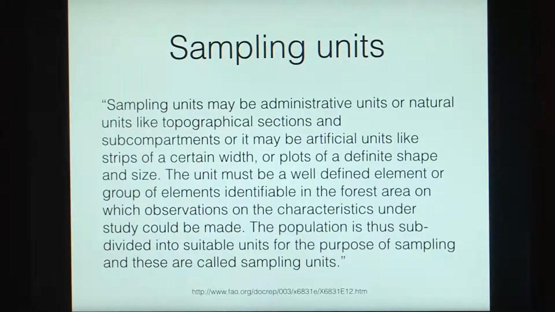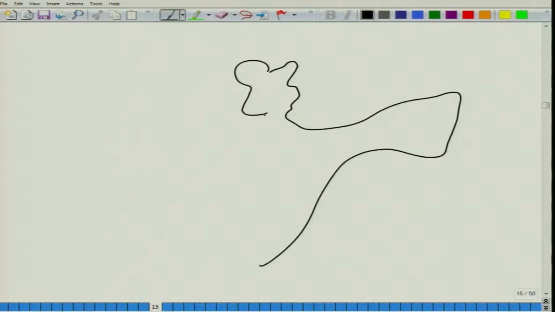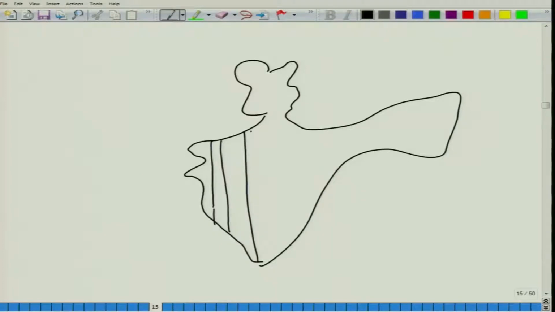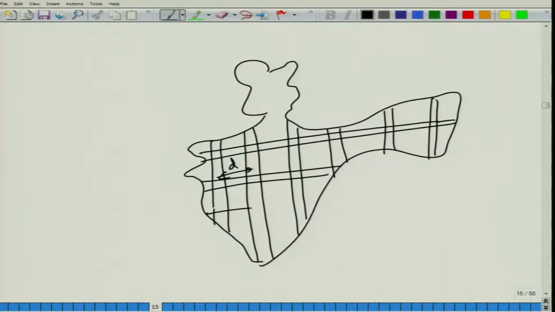What we mean by that is, in the case of India, we can just define our artificial units as strips that are at a fixed distance d from each other. Then we can also define some horizontal strips, again say at a distance of d1 from each other, and then we can say that these portions will be our sampling units.